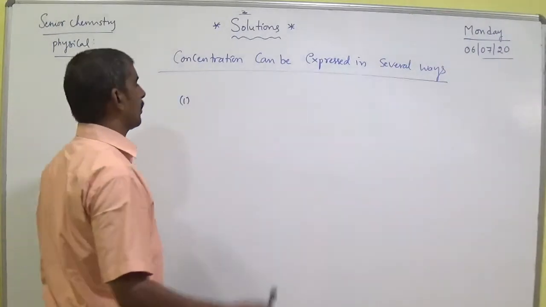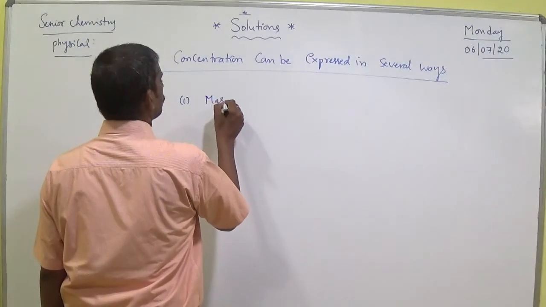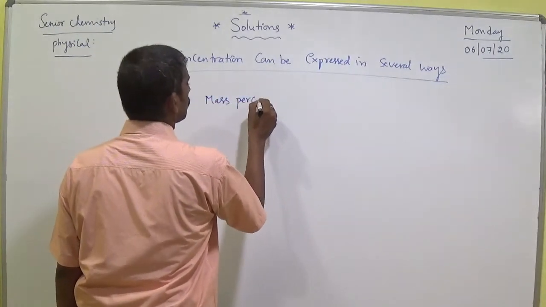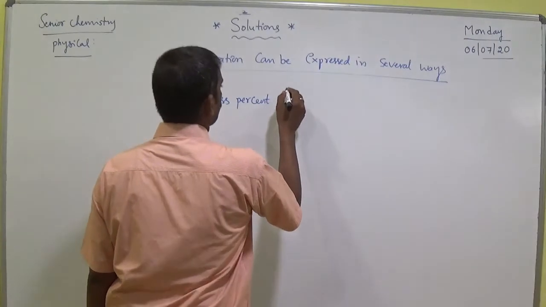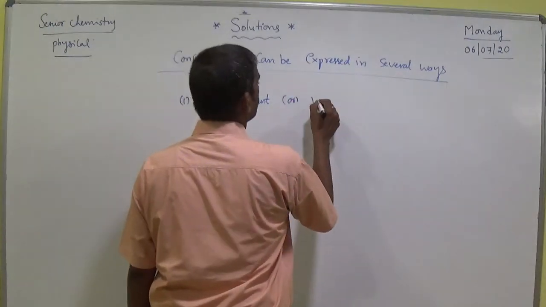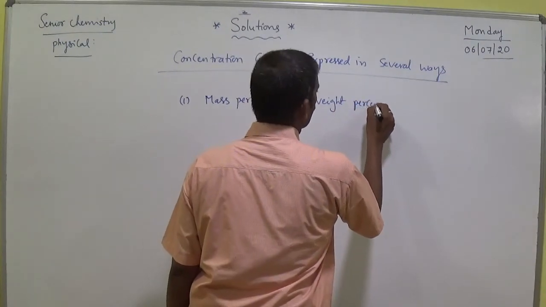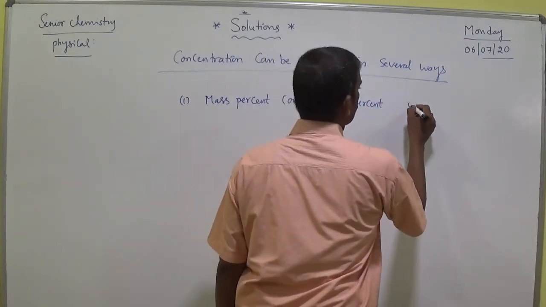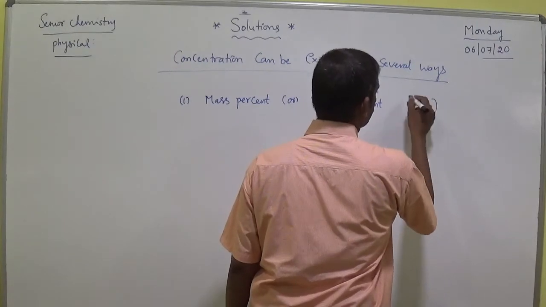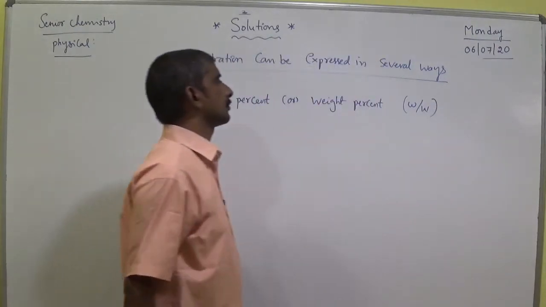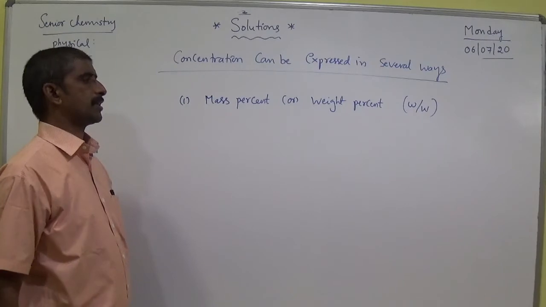First one is mass percent or weight percent.